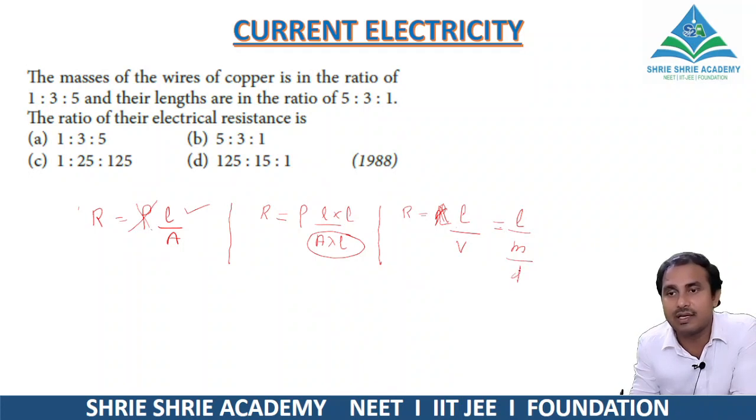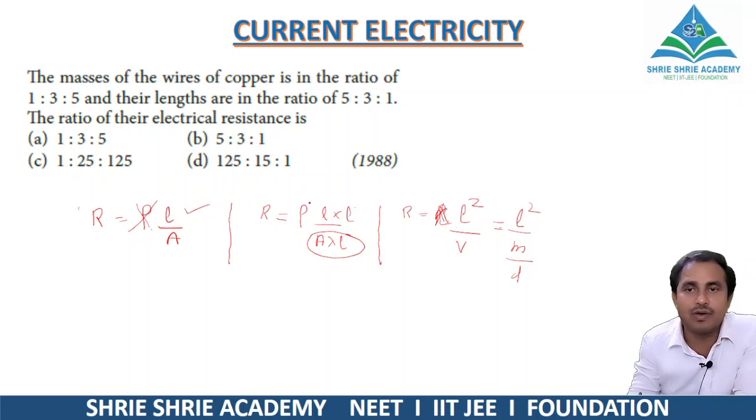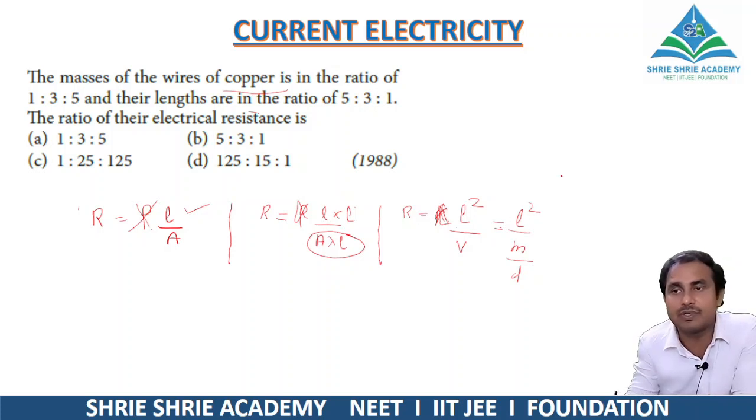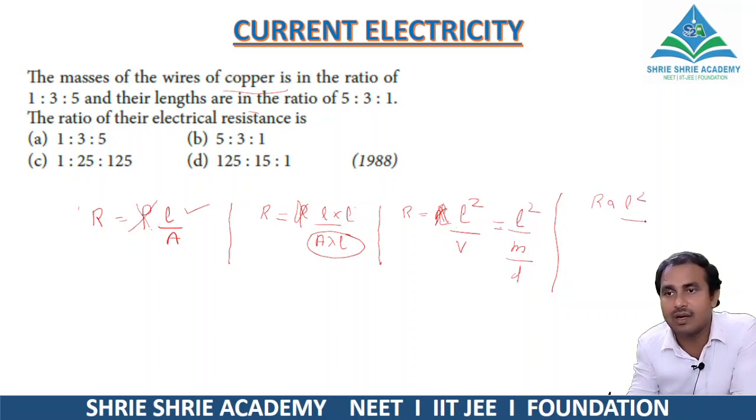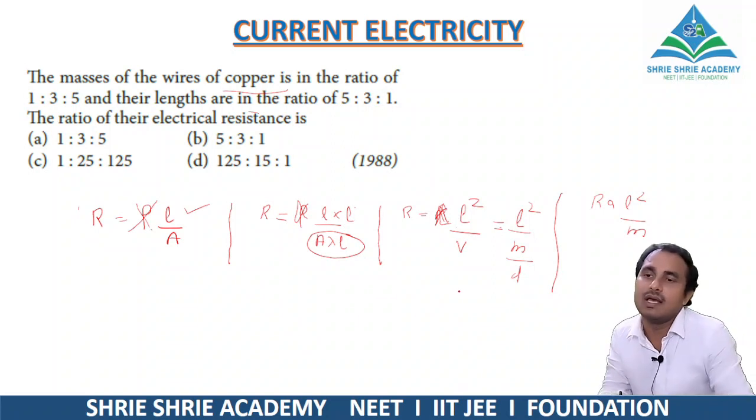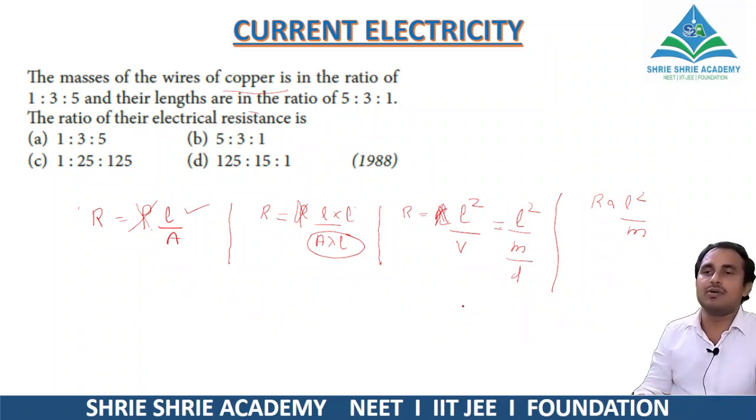Since we multiplied L with L in the numerator, that becomes L squared. Resistivity doesn't matter for us, it is a constant, since copper wire is given, meaning the resistivity of a given material will not change. So resistance is proportional to L squared by M, right? Now you can find it out, that is the main thing.